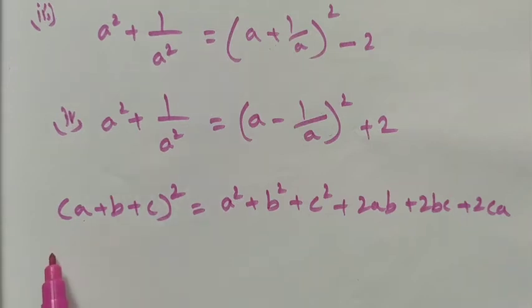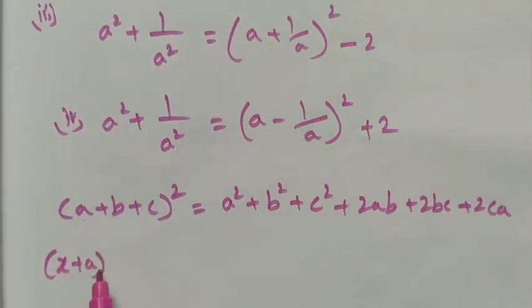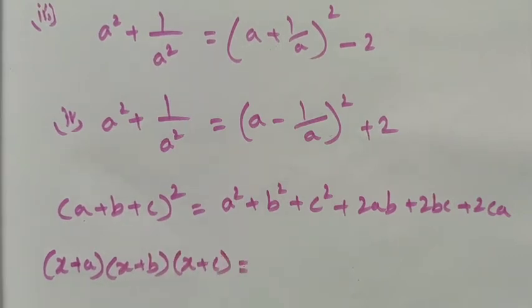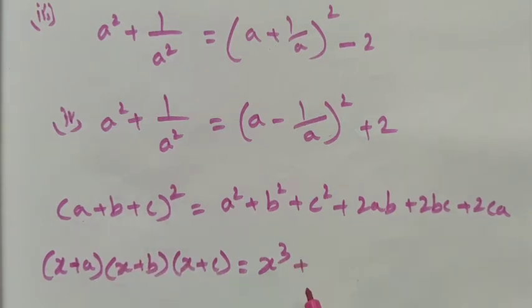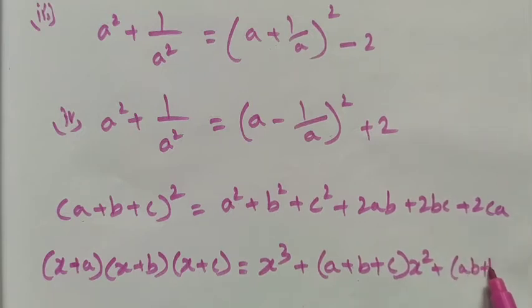Here with the three terms, (x plus a)(x plus b)(x plus c) is equal to x cube. We can simply multiply binomial into binomial, and then multiply the result with another term. You get x cube plus (a plus b plus c) into x square plus (ab plus bc plus ca) into x.